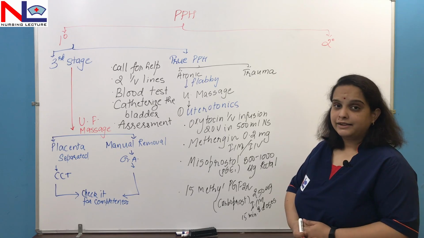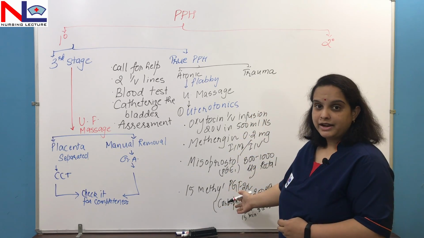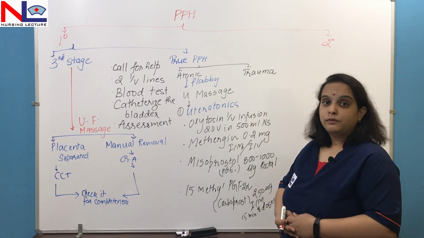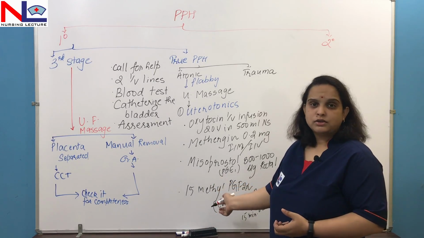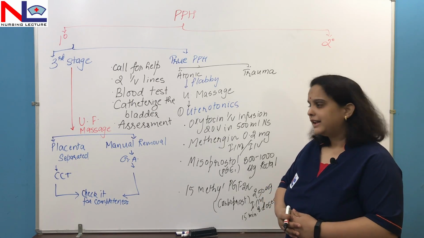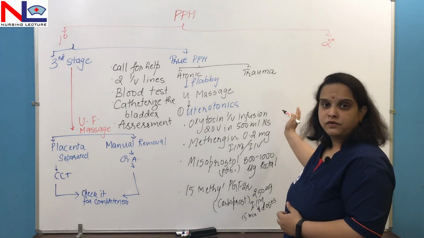No, because it is already consuming too much time and we cannot waste a few more minutes. So if the uterus is not contracting after 2 to 3 doses of carboprost, we cannot wait for the whole course, we move on further.